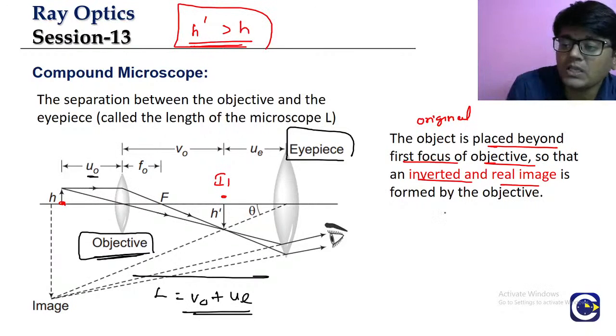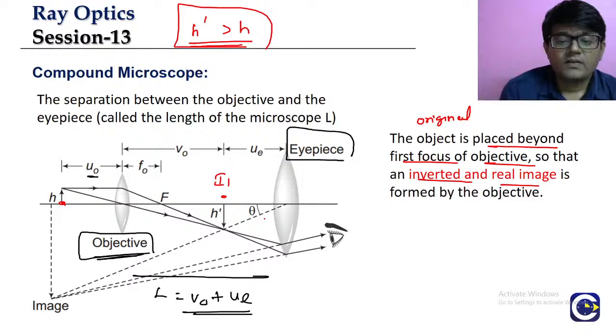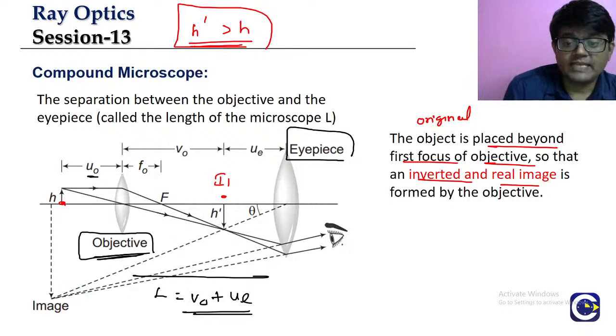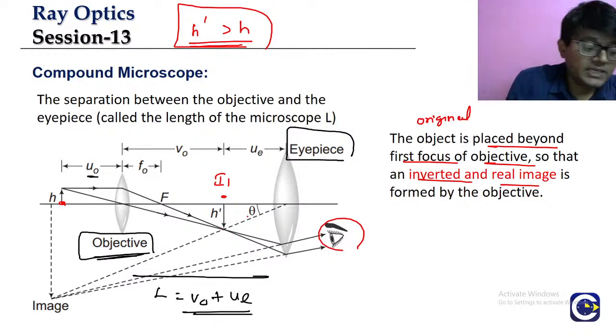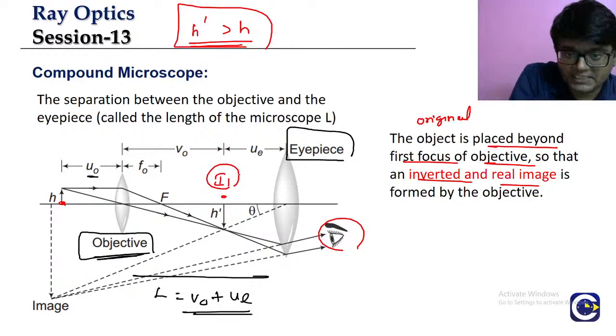Now let us come here. The eyepiece will have to form a virtual image, then only the eye can finally see it. The eyepiece has to form a virtual image. This means the image I1 is now going to act as an object for the eyepiece.